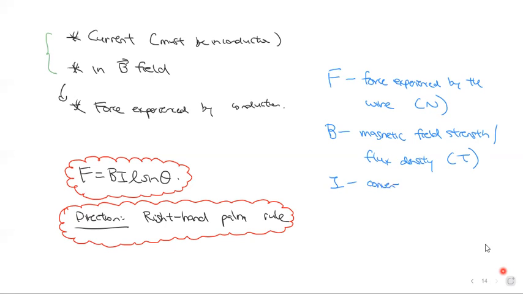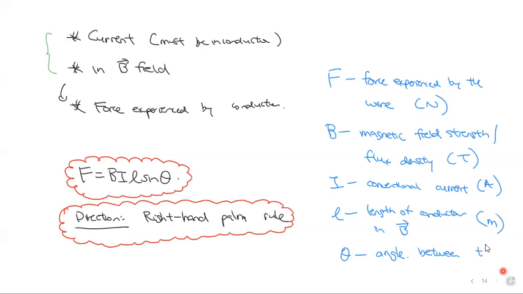Remember, it's conventional current, measured in amperes. L is the length of the wire, the conductor in the magnetic field. Needs to be in the magnetic field. If it's not in the magnetic field, it's not going to experience a force, and that's measured in meters. Now, theta is an angle, and it's the angle between the magnetic field and the current.